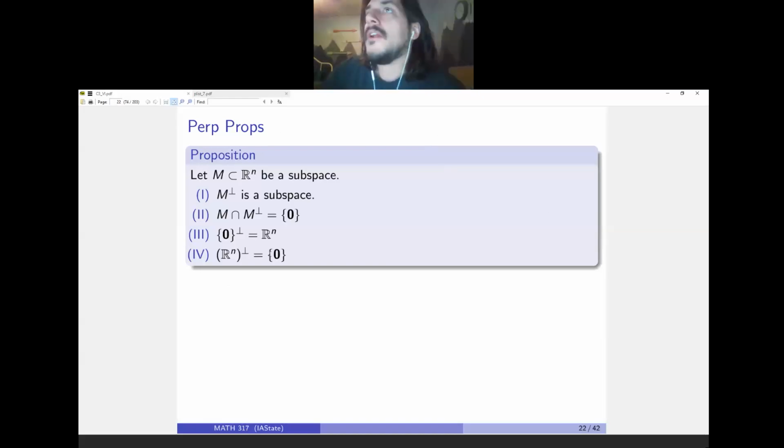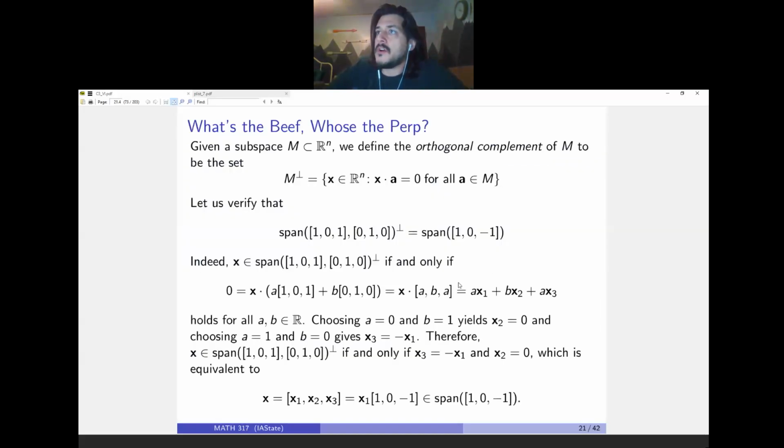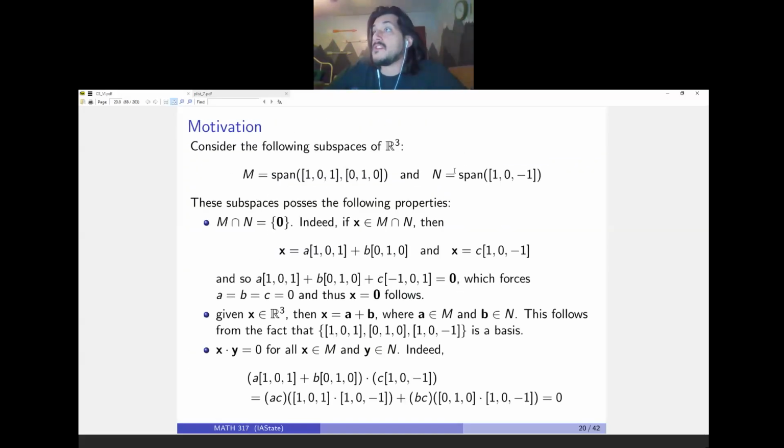All right, let's set up some nice things now. Remember what I said when we were talking about these two subspaces? They have these three really nice properties. As we just verified, N is the orthogonal complement of M. I wonder if the orthogonal complement always comes with some nice properties, like almost all of these.